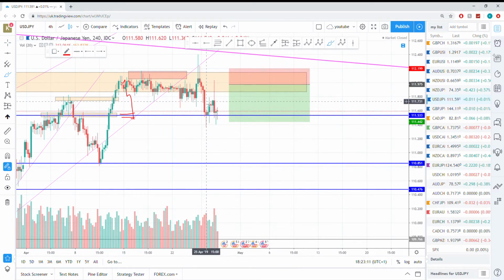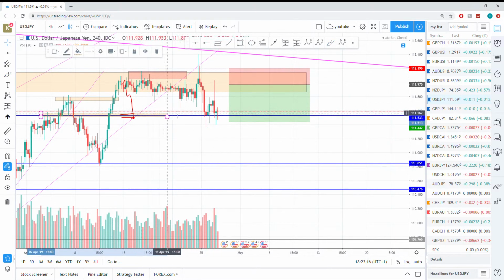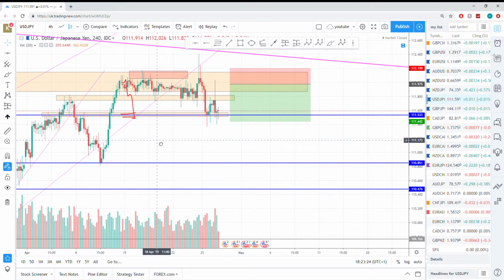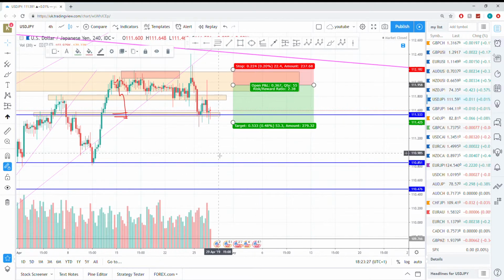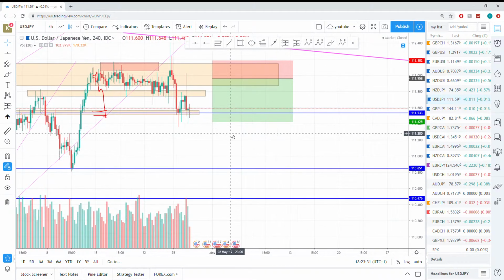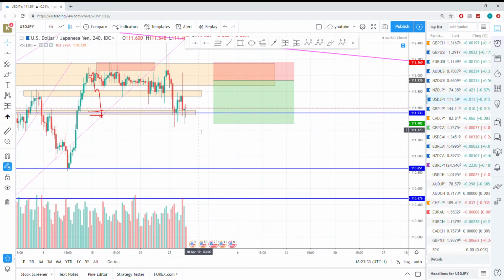Where price is at right now, let's just drag these zones across, sorry, to extend them a bit further so we get a better picture of how zones validate each other. As we can see, our key pin bars here show one rejection, two rejections, and also a bigger rejection from the top.